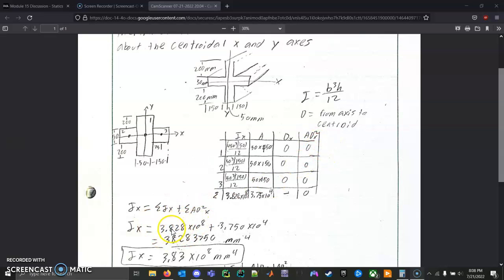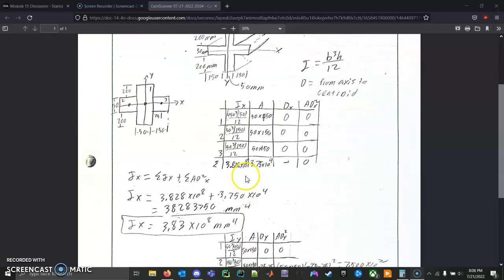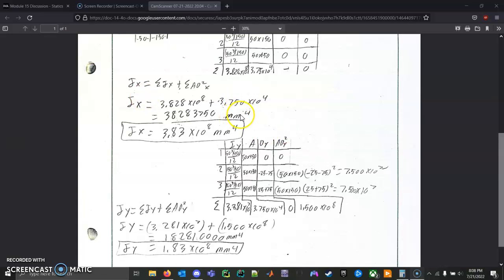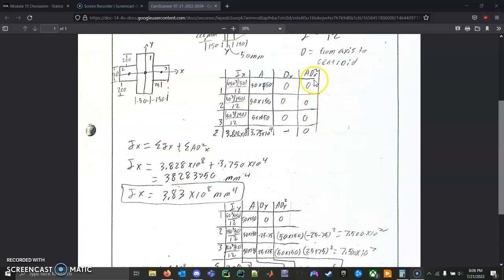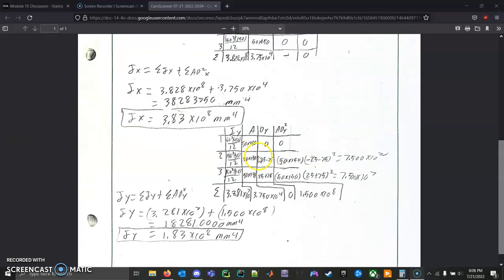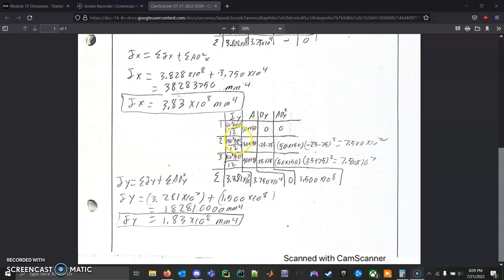So if you take your 3.828 times 10 to the 8 and add it to your 3.75 times 10 to the 4, you'll end up with this monstrosity, which is 382,837,500 millimeters to the fourth. Once simplifying down to 3 sig figs, you get 3.83 times 10 to the 8 millimeters to the fourth. You can then do the same steps from above for the y-axis.